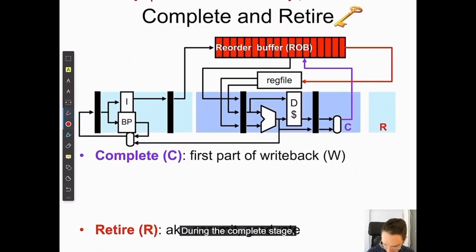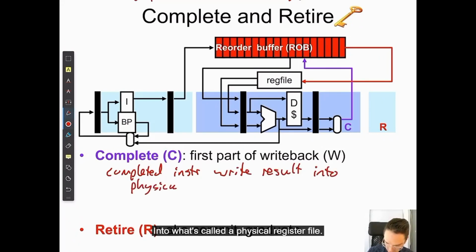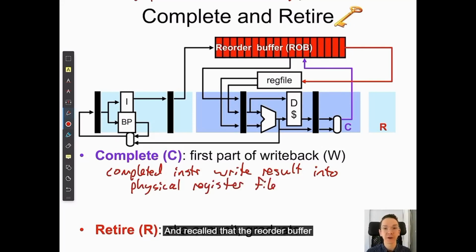During the complete stage, instructions that have completed their execution will write their result into what's called a physical register file. I'll cover that in more detail shortly. And recall that the reorder buffer retains both the new location of the output register as well as the old to enable abort and restart.